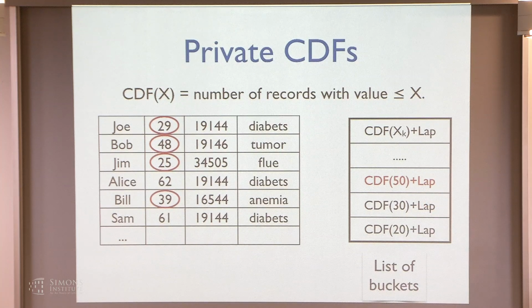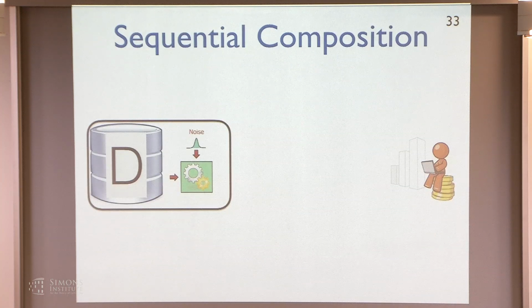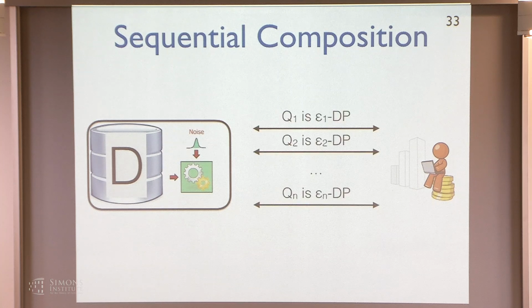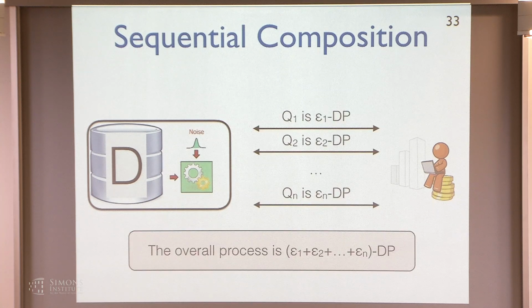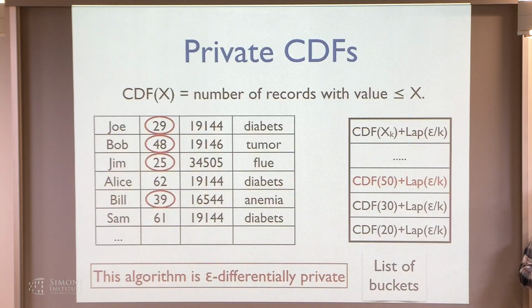This mainly uses the idea of sequential composition, where we can guarantee that the overall process is differentially private, and if we add Laplace noise accordingly to epsilon over the number of buckets, we have that the overall process is epsilon differentially private.